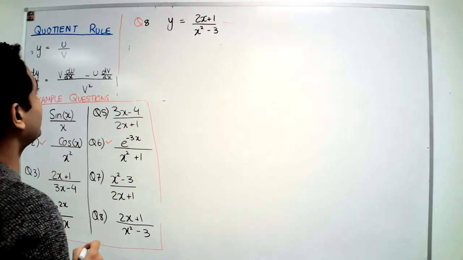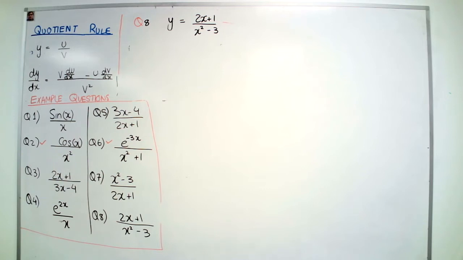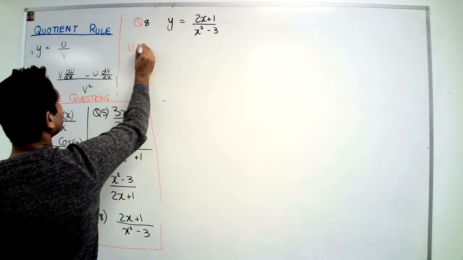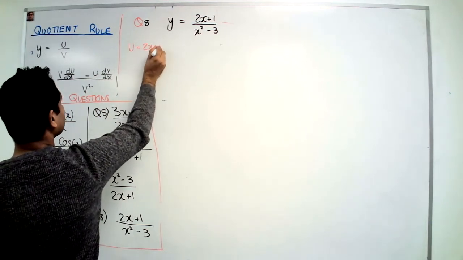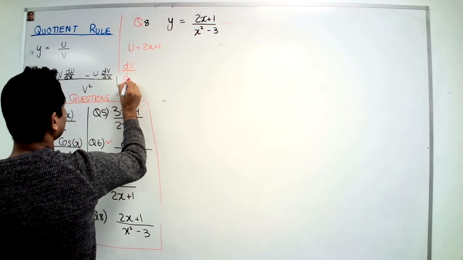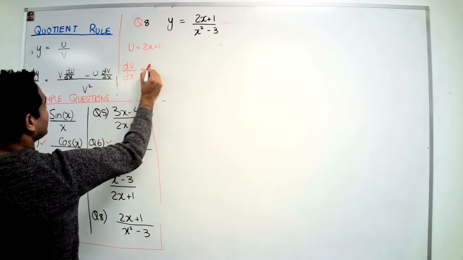Okay, let's have a look at question number 8. y equals 2x plus 1 divided by x squared minus 3. So let's identify the u and the v. So the u is 2x plus 1. And I need to differentiate this thing, du over dx. And you know du over dx of 2x plus 1 is just a 2.